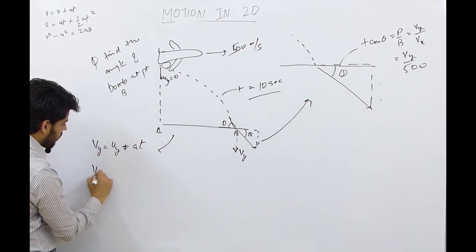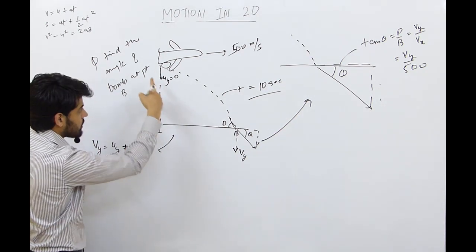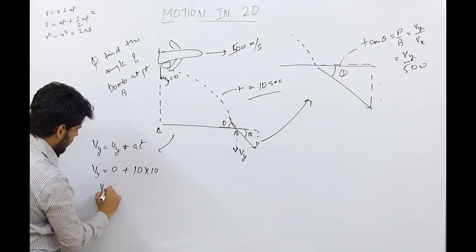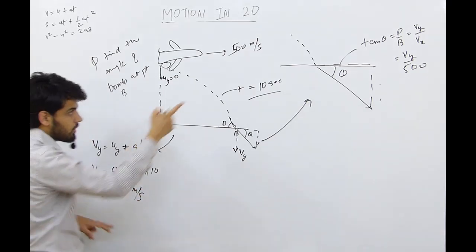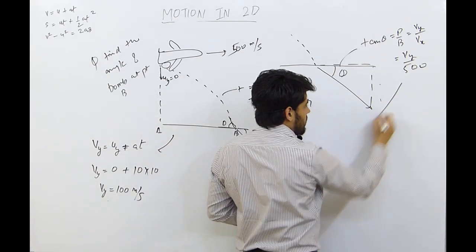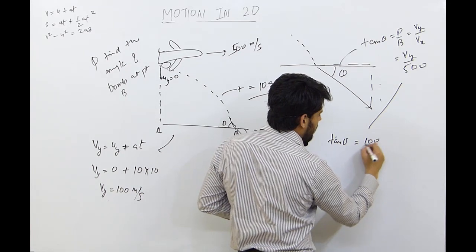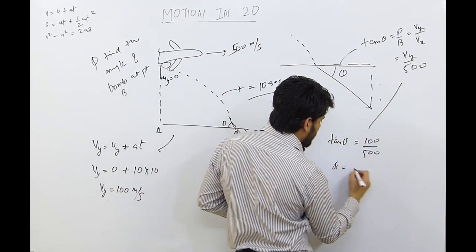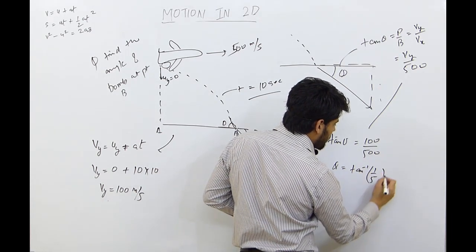Uy is 0 plus acceleration due to gravity, which is 10, times time taken, 10. So Vy equals 100 meter per second. Put that in the equation for theta. So tan theta equals 100 by 500, and theta equals tan inverse 1 by 5. So this is the answer.